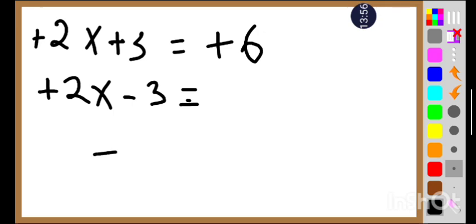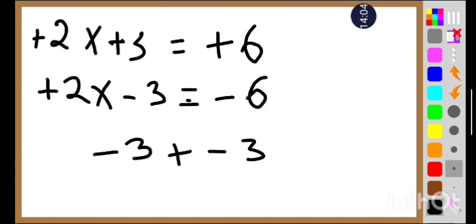So we have negative 3 plus negative 3, which, as we've seen in addition, gives us negative 6. Likewise, if you have negative 3 times 2, you count negative 3 two times.